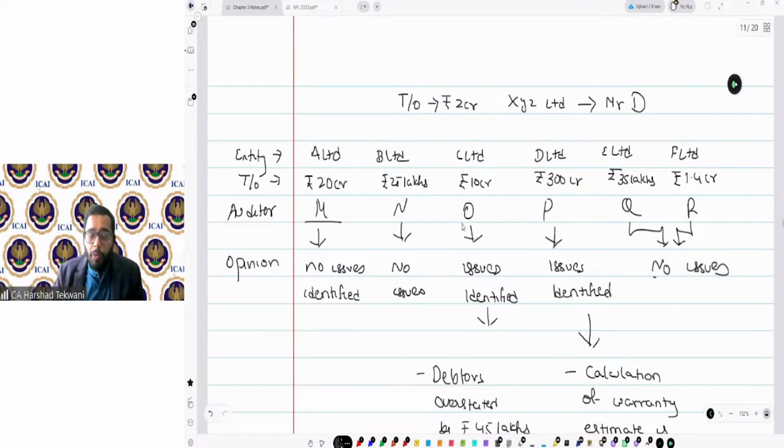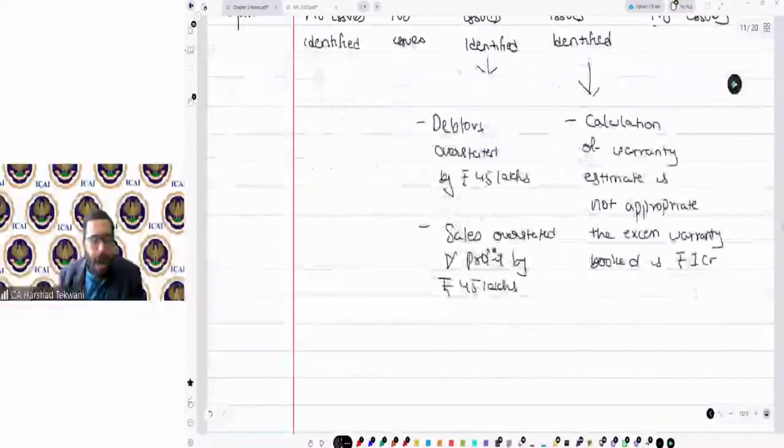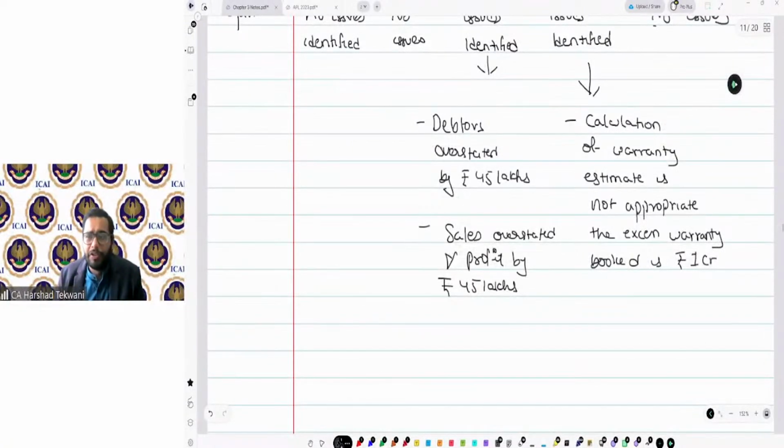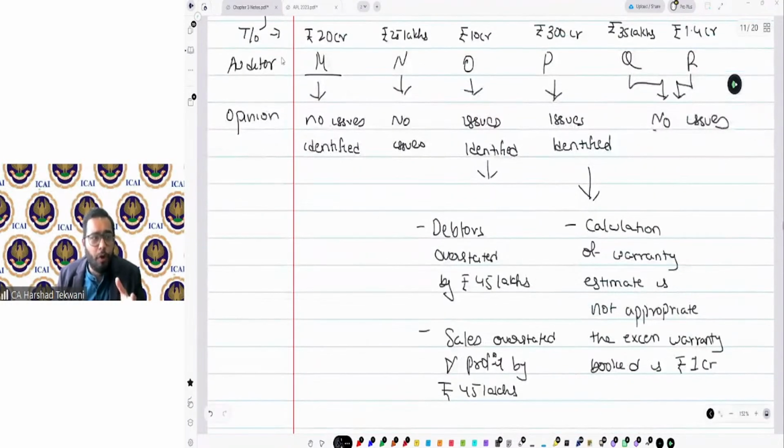Now, Mr. D, when he receives these reports, or let's say you are in place of Mr. D, how will you deal with these observations? Let's say you are Mr. D and you have received the reports of M, N, O, P, Q, R auditors. Two of the audit reports have observations and issues. How will you deal with this?